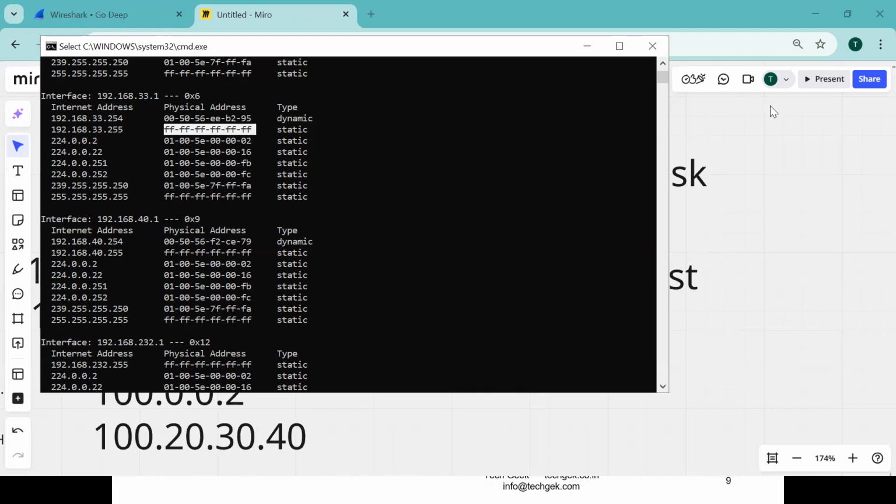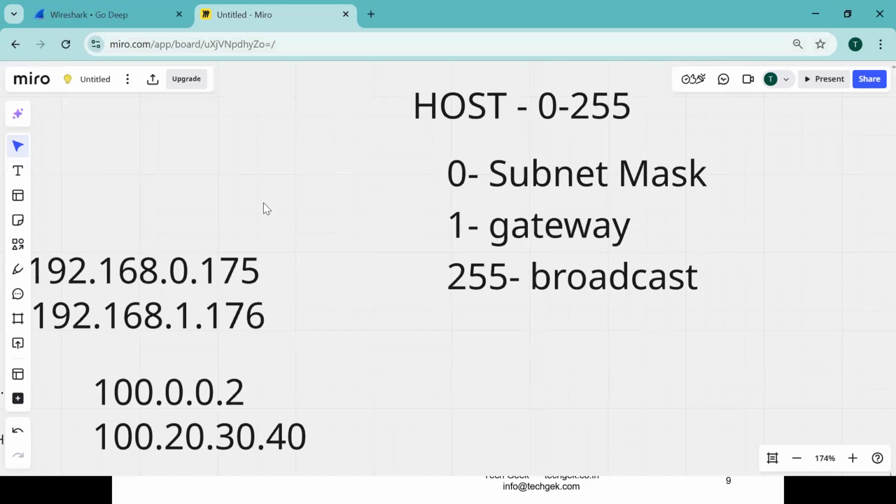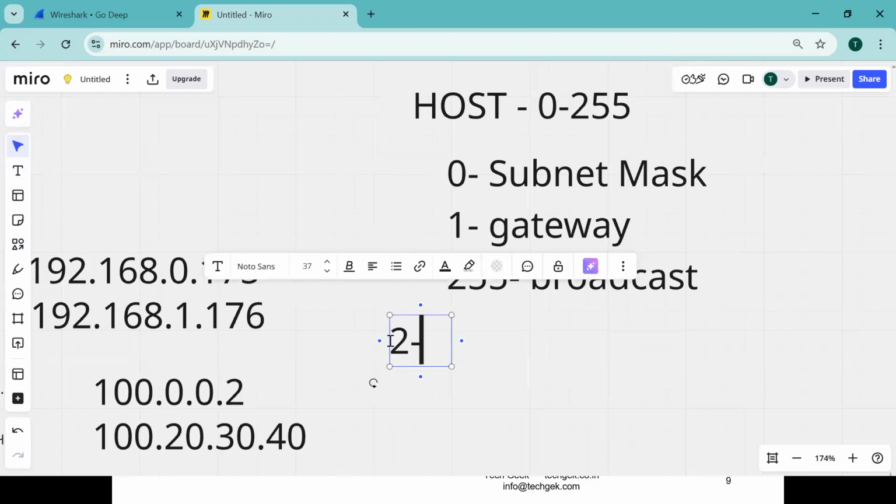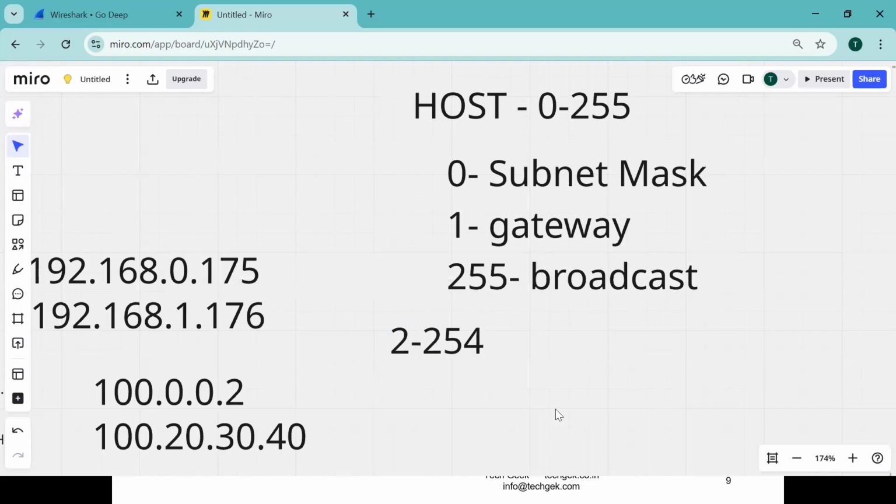Now, what do we have left? We are left with 2 to 254. These are always considered the users, the devices over the network.